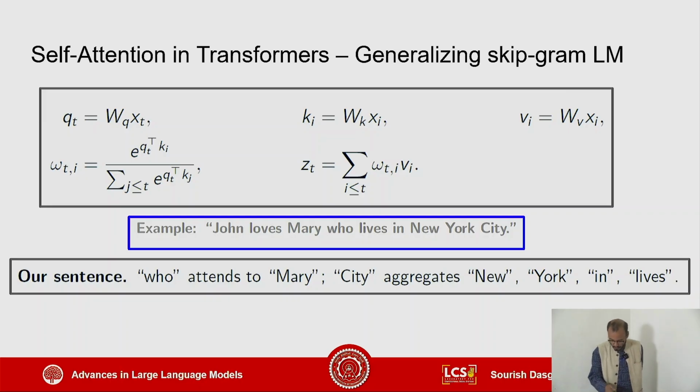I'm just giving you a small subset of that, and it aggregates all of those influences in terms of new and York and in and lives, right? So it aggregates over the V of new, the V of York, the V of in, and the V of lives, and that all comes in. And of course, it also aggregates John and loves, and Mary, and who, and so on.